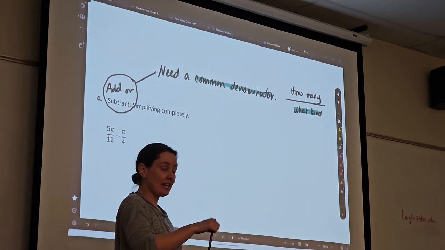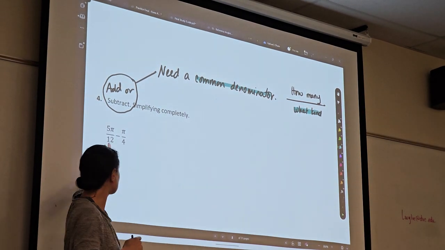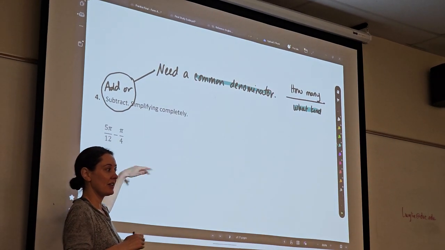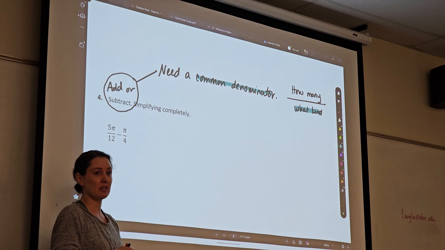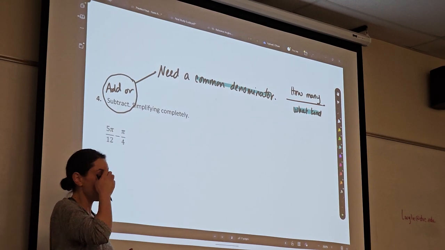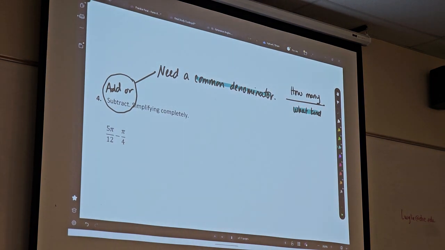When you are getting a common denominator, the smart thing to do is skip count by each denominator. And the first number they have in common is the denominator you want to choose. Yeah? If I skip count by 12s, in fact, just off to the side, 5 pi over 12, I could multiply by a 1 in the form of 2 over 2.